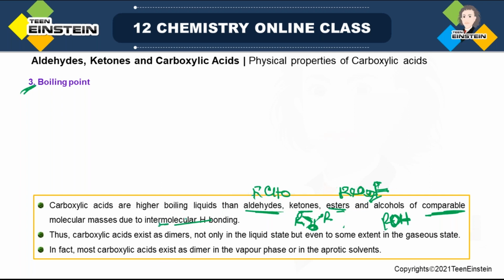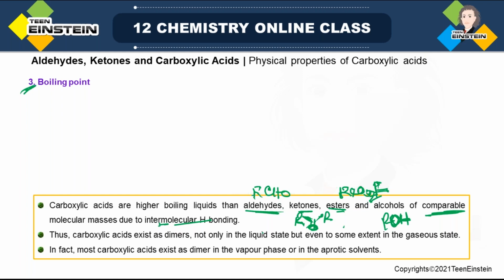In the previous slide, in the solubility point, you have seen hydrogen bonding with water molecules, where water is basically the solvent. That is hydrogen bond formation between a carboxylic acid molecule and a water molecule. But the intermolecular hydrogen bonding that I am saying now means hydrogen bond formation between two carboxylic acid molecules. Here we are not considering hydrogen bonds with solvent because we are considering boiling point.